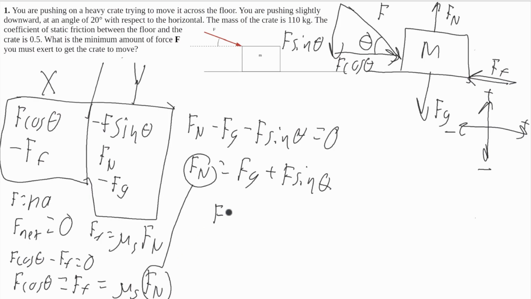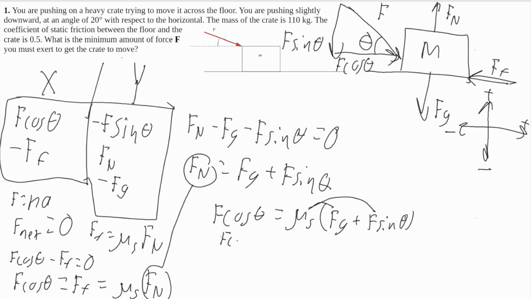It'll be F cosine of theta is equal to mu static times the force of gravity plus F sine of theta. And so we see that this has the force F and this has a force F, so we have to get this one out of this equation. First we should distribute this mu across.